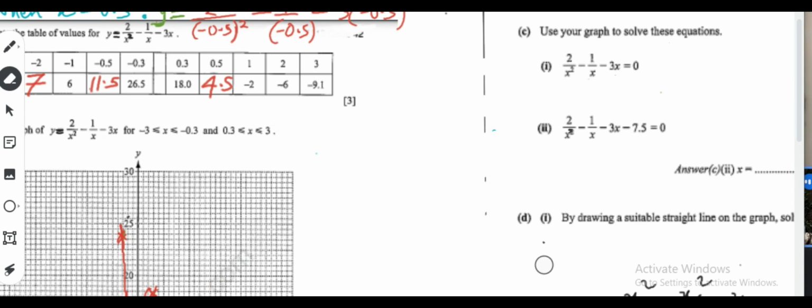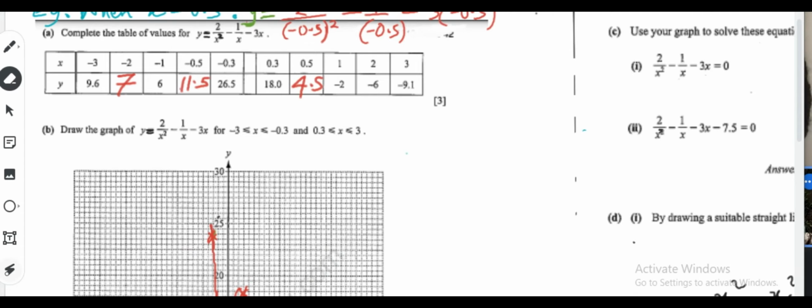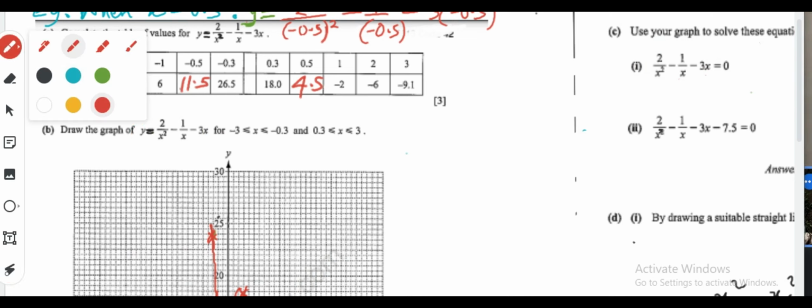Exactly. Let me erase this so that we do that again. y equals 0. The reason is everything we have here is the same thing as what we have here, so the y is replaced by 0. So it's draw the line of y equals 0.